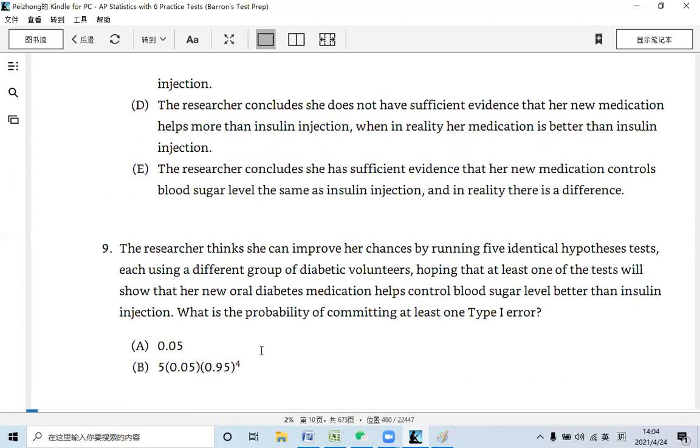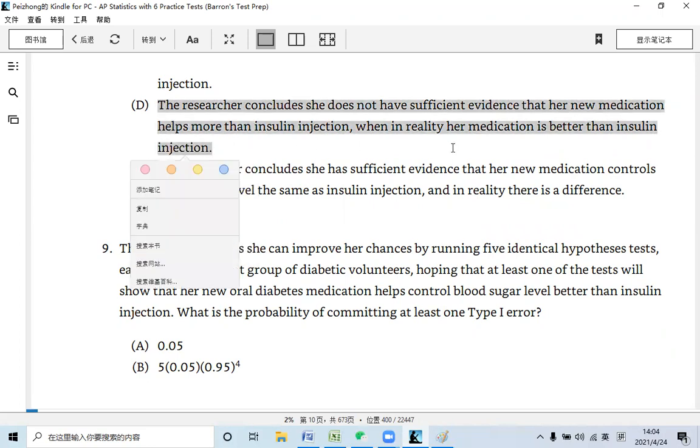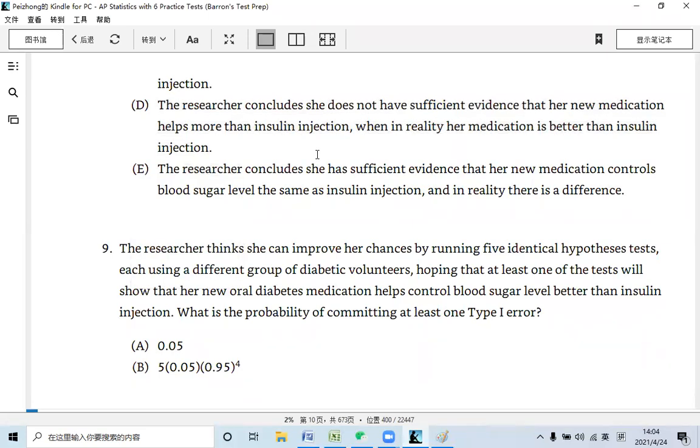This one's not good. The researcher concludes she does not have sufficient evidence that her medication helps more than insulin. It looks good. When in reality, her medication is better. This is a mistake, a mismatch between reality and her conclusion. So that's a type 2 error. Good.